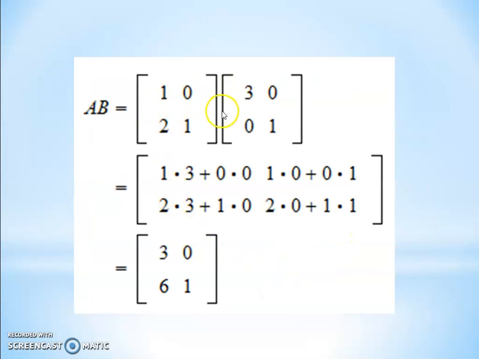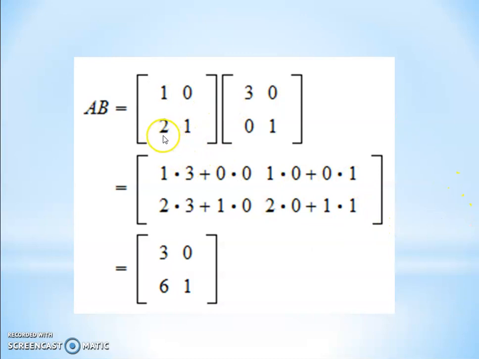Okay, one more example. 1, 0, 2, 1 and 3, 0, 0, 1. First row, first column: 1 into 3 plus 0 into 0. Next, first row, last column: 1 into 0 plus 0 into 1. We finish the first row.